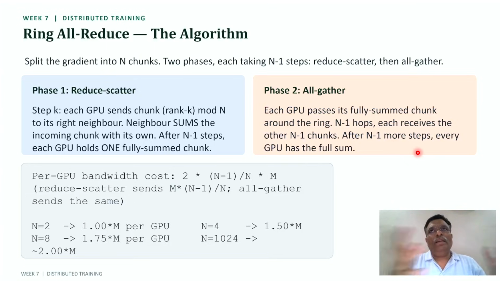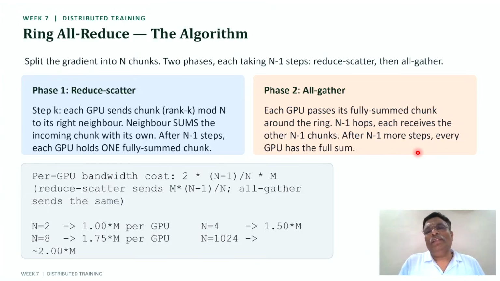We know that the gradients are being calculated, so we split the gradient into n chunks, and there are two phases, each taking n minus 1 steps. Basically, it starts with 0 and ends with n minus 1. So the number of chunks is n.